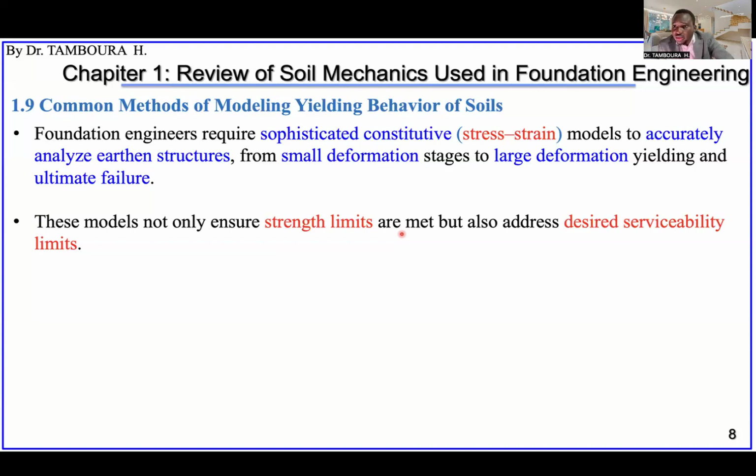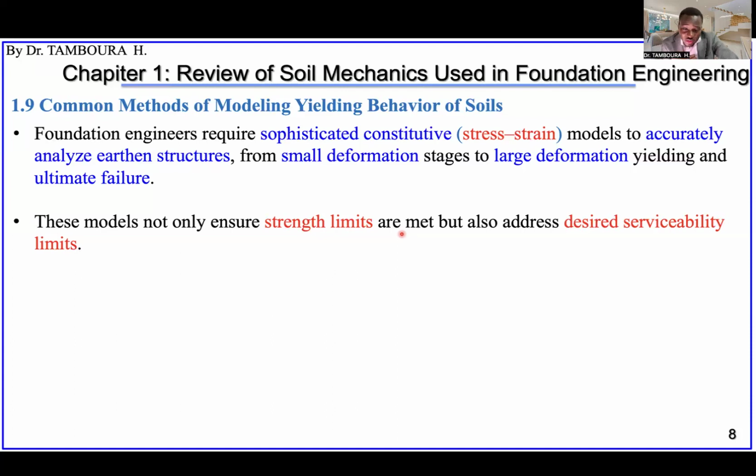The project may ask you to limit the settlement of the foundation to like 10% of the pile diameter, for example.